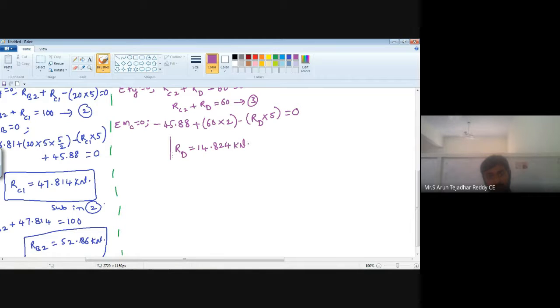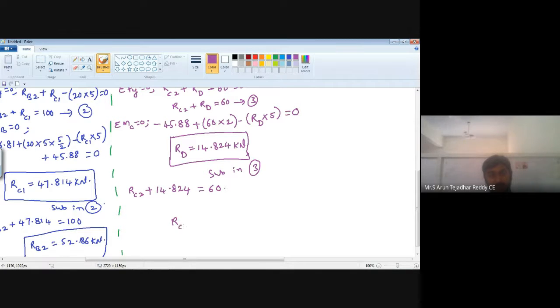Kilonewton. Now this RD value, substitute in equation number 3, then we'll get the RC2 value. RC2 plus RD, RD means 14.824, is equal to 60.